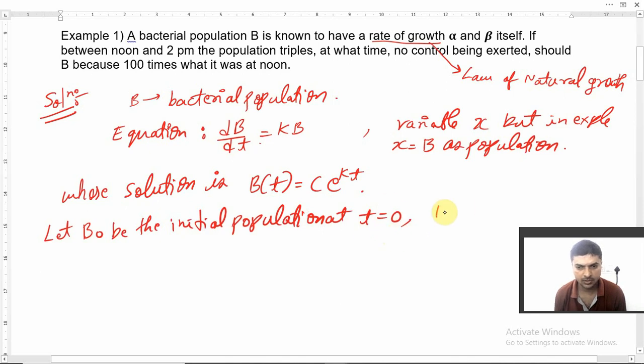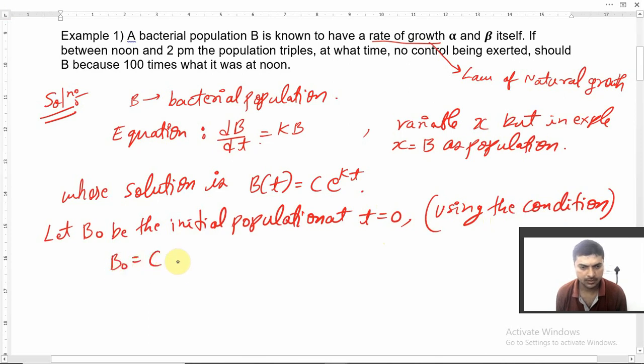So using the condition, if you don't write this in the exam, it is okay, no problem. Using the condition, b naught is equal to c e raised to 0.